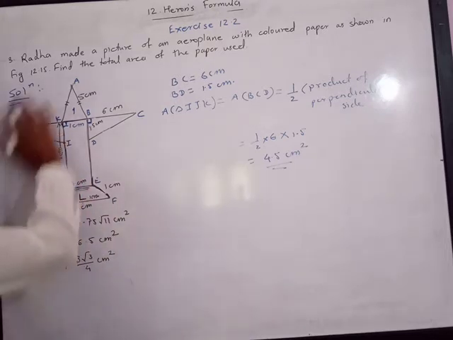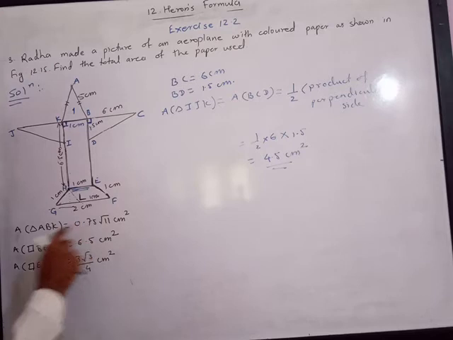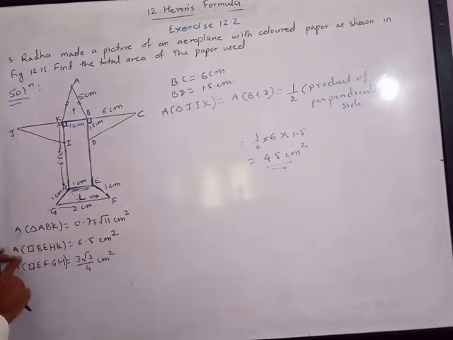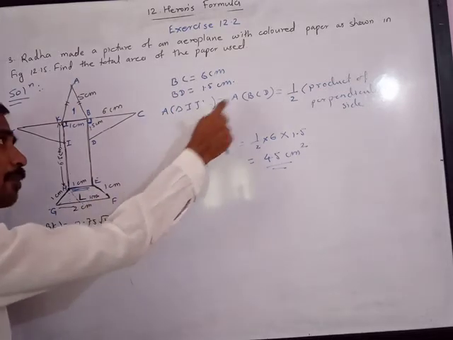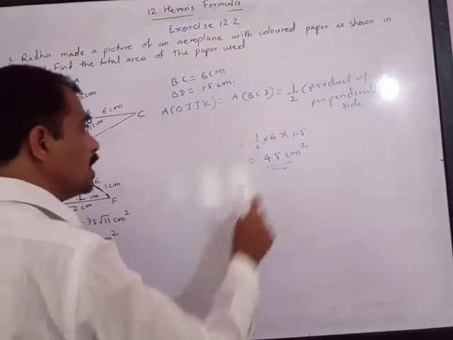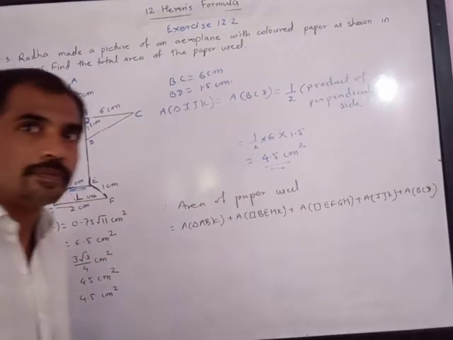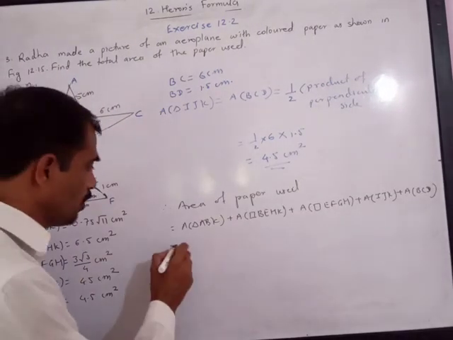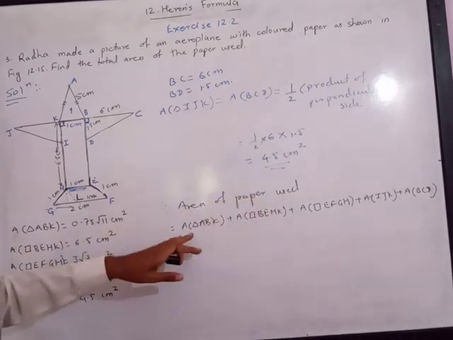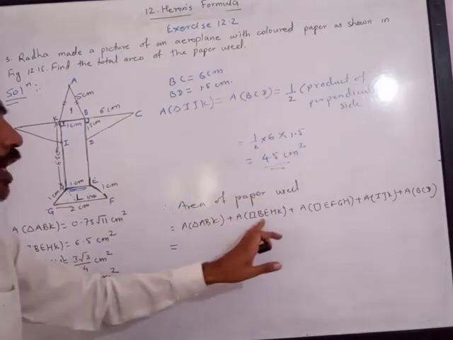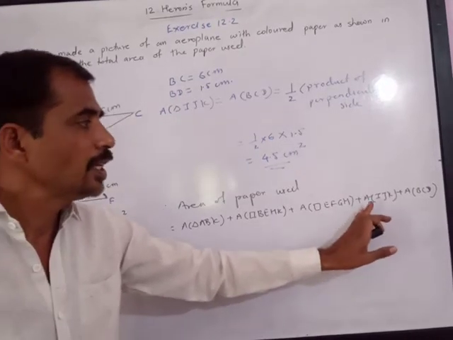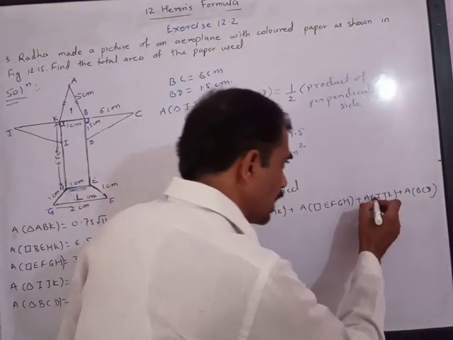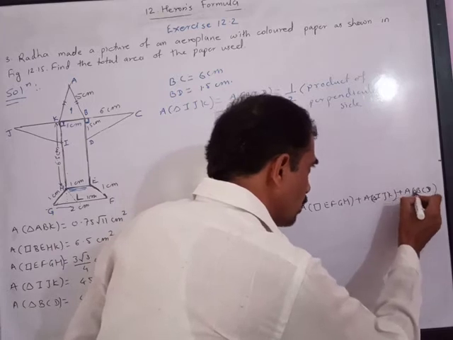So the area of the plane, the area of paper used, is equal to the area of triangle ABK plus the area of quadrilateral BEHK plus the area of quadrilateral EFGH plus the area of triangle IJK plus the area of triangle BCD.